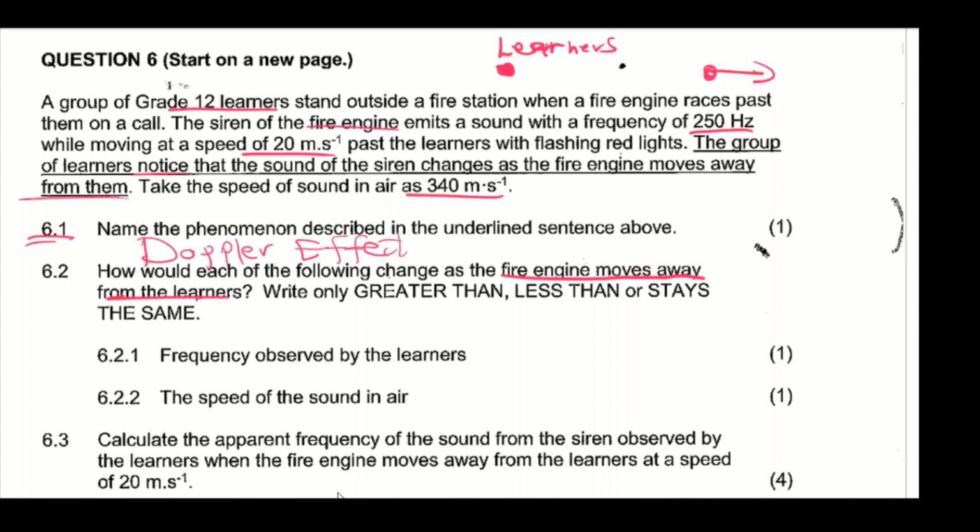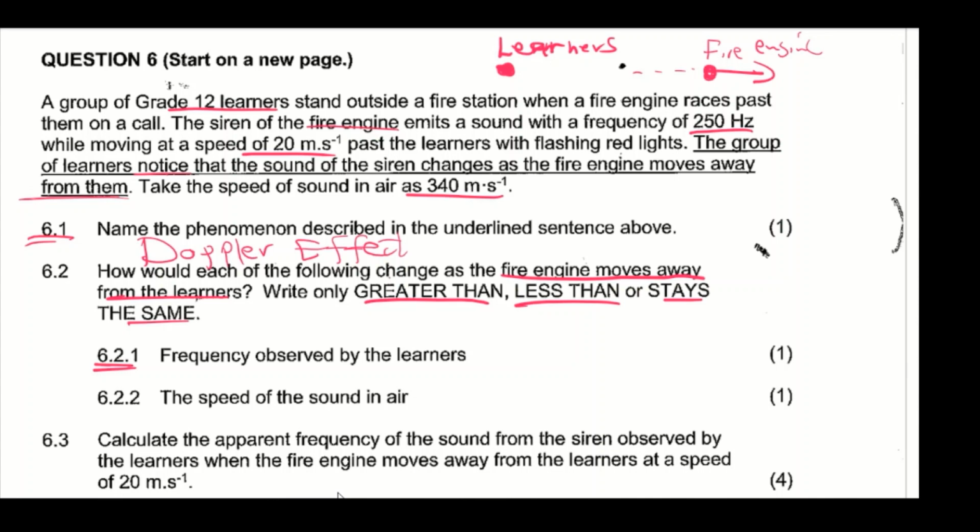So it's moving away from the learners. Now they say, how would each of the following change as the fire engine moves away from the learners? Write only greater than, less than, or stays the same. So looking at 6.2.1, the frequency observed by the learners.